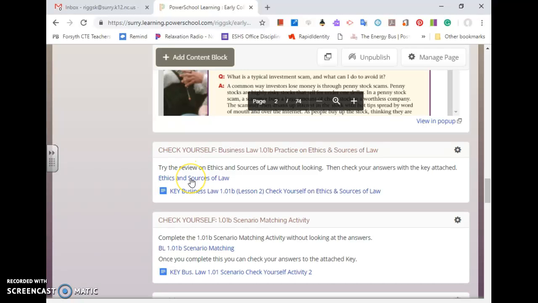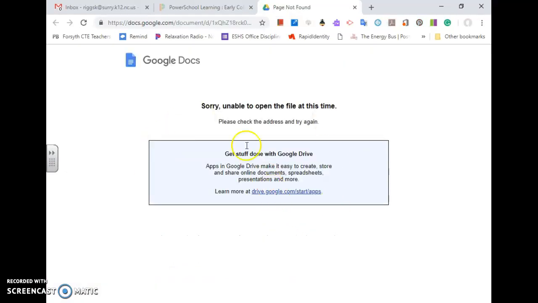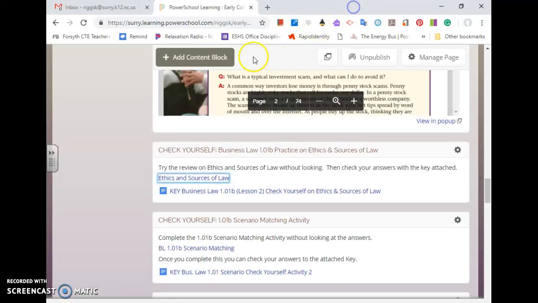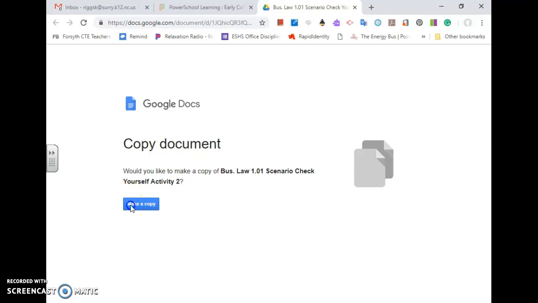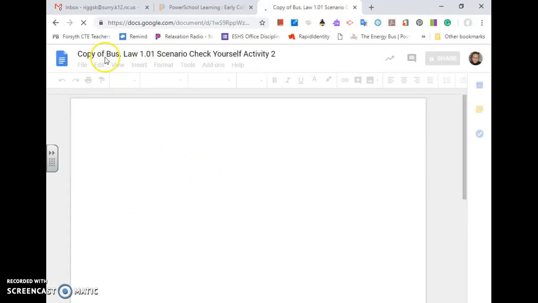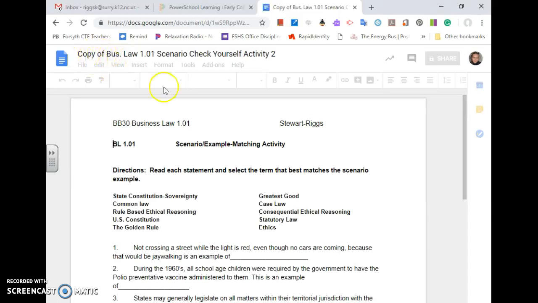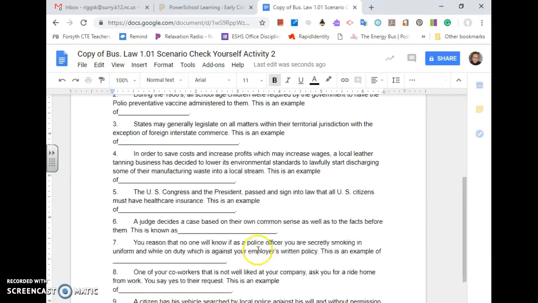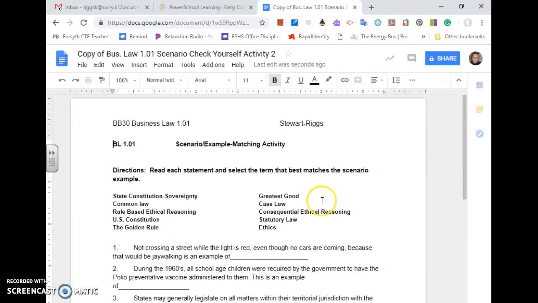You want to open this ethics source of law, and it'll ask you to make a copy. Let's try this one. Yeah, it'll say make a copy, and you click make a copy. Make sure that you change here and put, instead of copy of, put your name. And so you will fill this out using these words up here, this word bank.